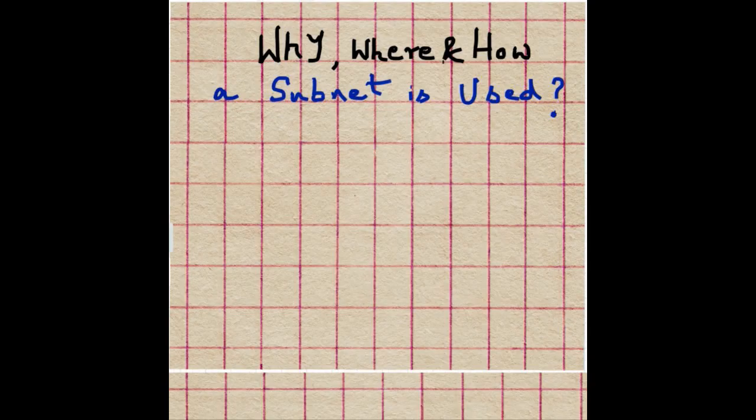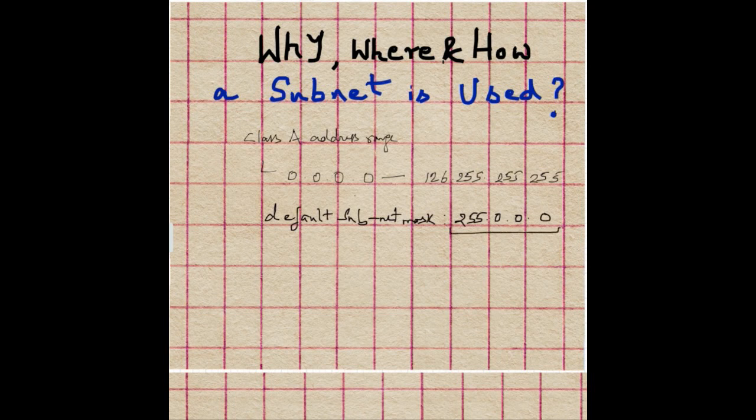Class A address range is from 0.0.0.0 to 126.255.255.255, and the default subnet mask is 255.0.0.0.